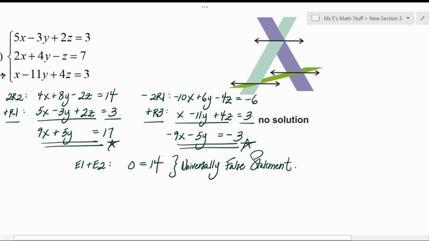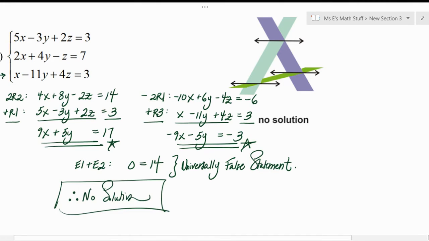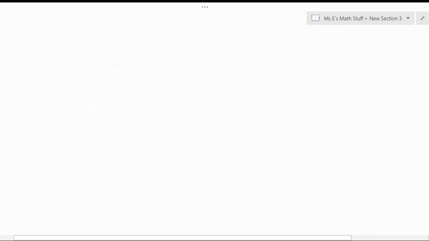These particular 3 planes just plain don't have any points in common. So your answer to this would just be, therefore, there is no solution. There we go. All right, my friends.